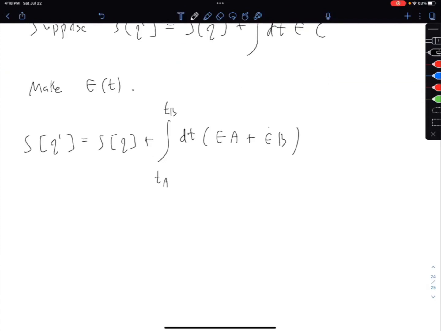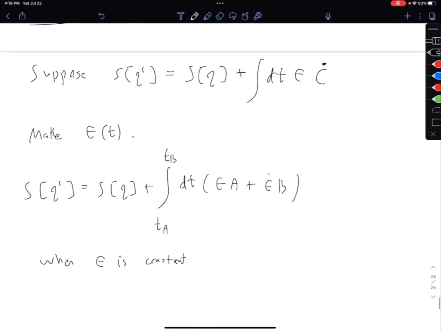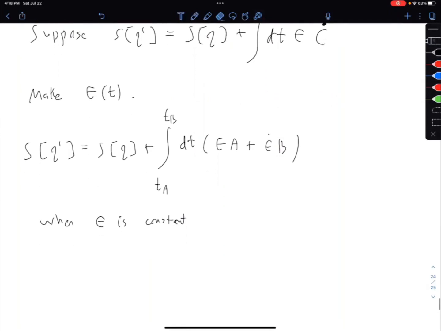In fact, we showed it. When epsilon is constant, we have to recover this, right? And then you can see by comparing them, this means that A is going to be C dot.